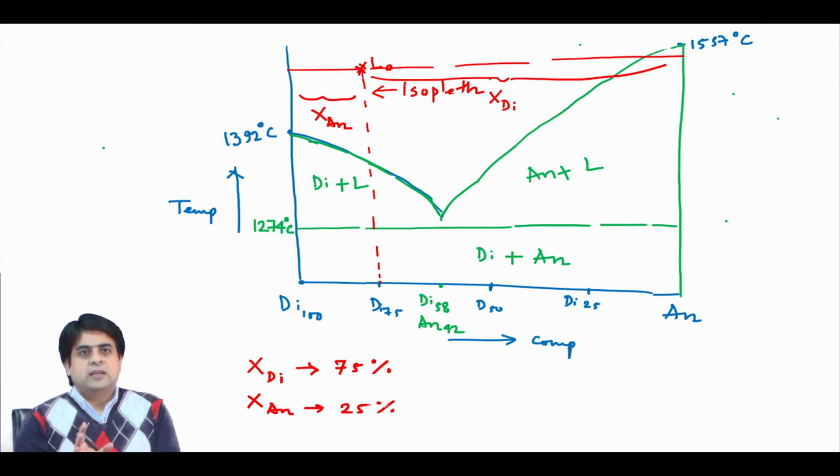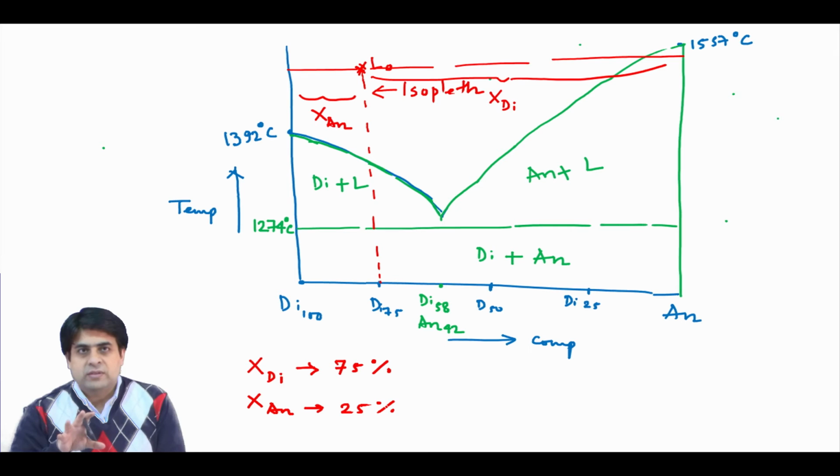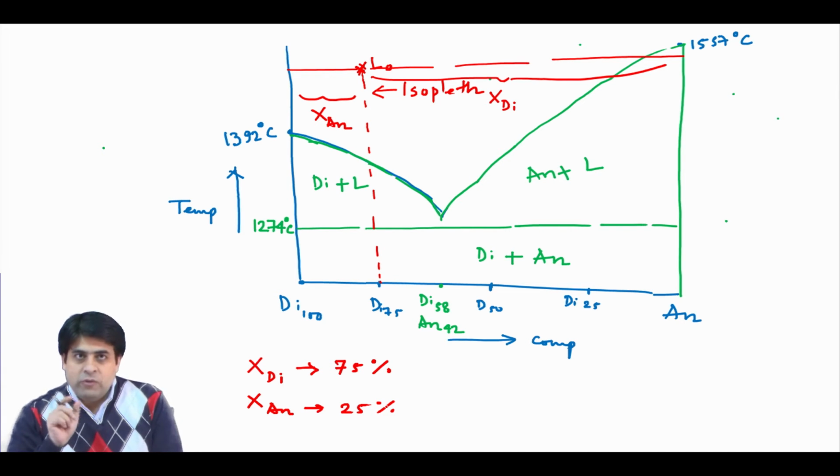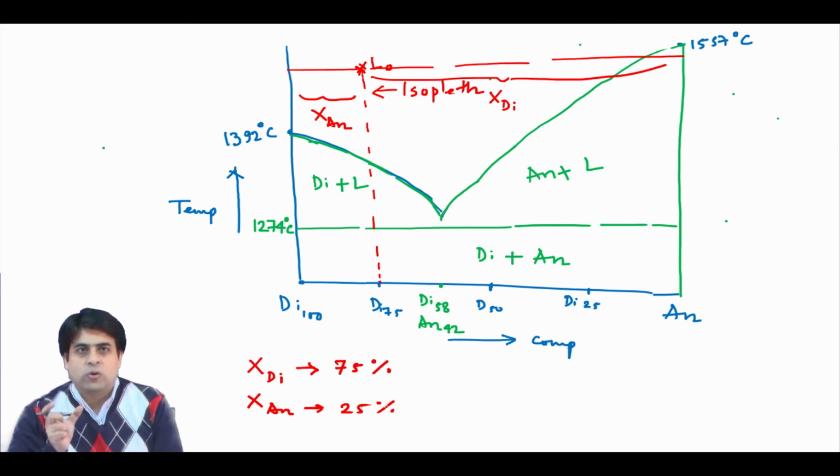Just remember that L0 is a liquid or melt phase, a single phase, and in this single phase you have 75% of diopside component and 25% of anorthite component.